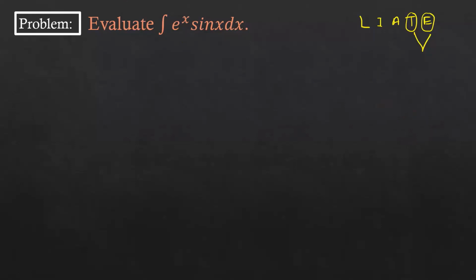That's why there is a special process of finding this type of integration. Can someone tell me what the process is? Sir, we take the integration of e to the power x sin x dx as I. Actually, we have to take I in this type of integration. Absolutely right. So we have to take I is equal to integration over e to the power x into sine of x dx. And we take that sine of x term outside using our rule.